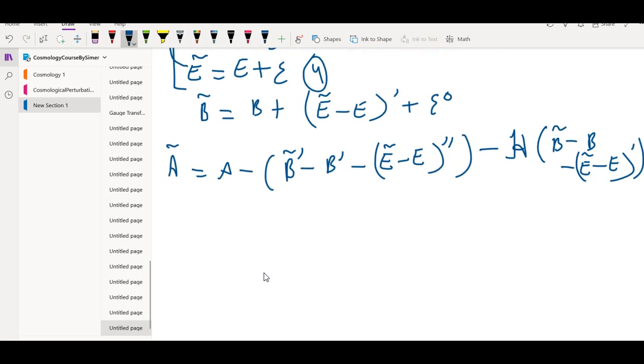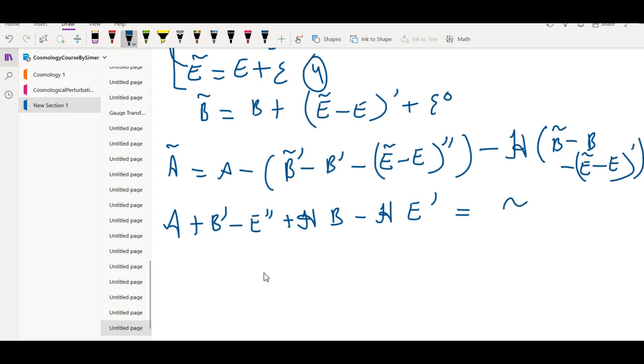If we collect the terms of one gauge on one side, we have A, then we have B prime, minus E double prime, plus H B minus H E prime, and then the same quantity but with tilde sign on the right hand side.